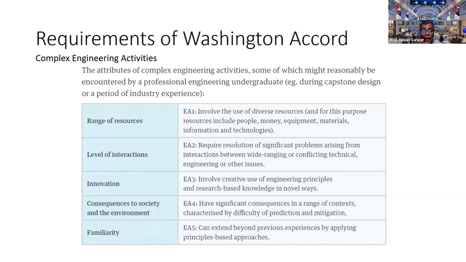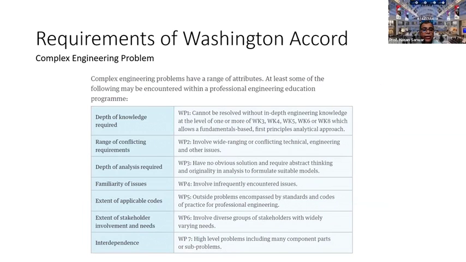And as I said, in the requirements of the Washington Accord and also in ABET, we have seen that a complex engineering problem is a major requirement, that the problem we are trying to solve by the student team should be a complex engineering problem. Now, how can we make sure that the problem is a complex engineering problem? Yes, there are some characteristics mentioned by the Washington Accord, like depth of knowledge required.